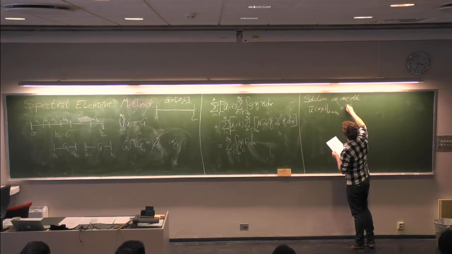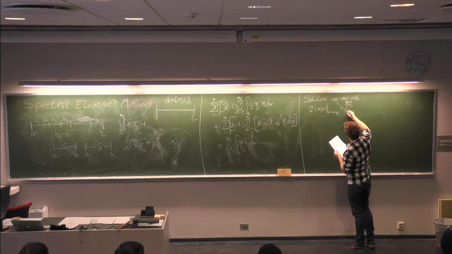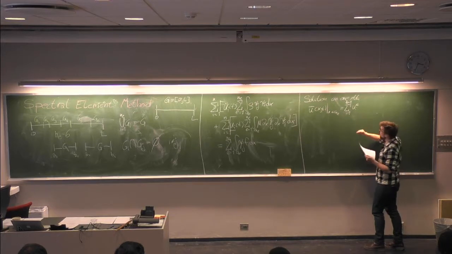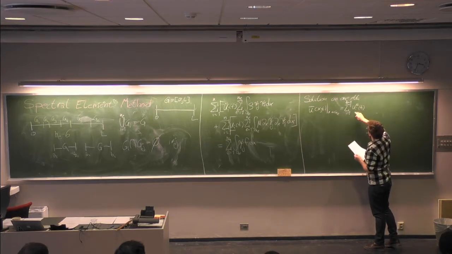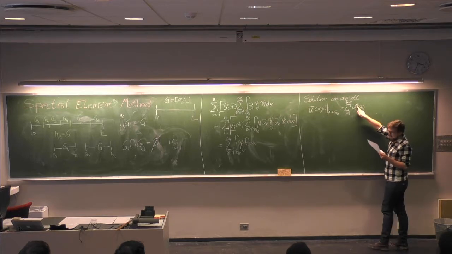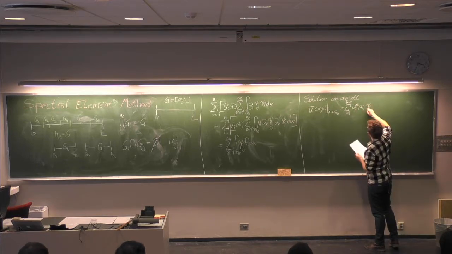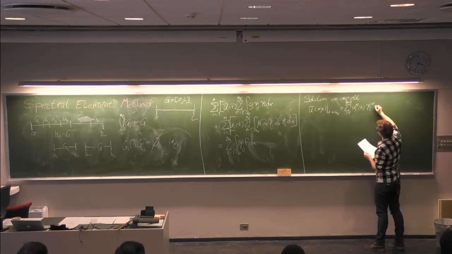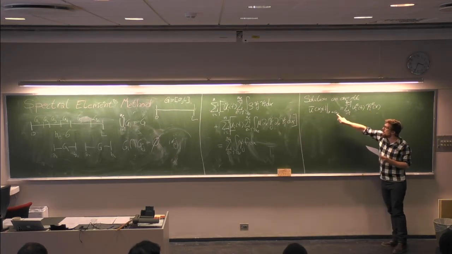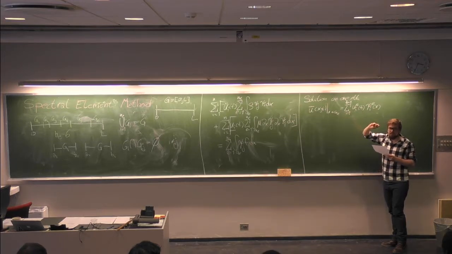We have n plus 1 of these basis functions, and again we have temporal expansion coefficients u_i^e, because it's only from the element number e, and from the basis function psi_i^e, which only has support on this G element. Questions?